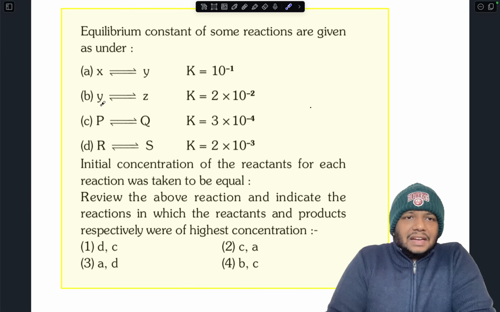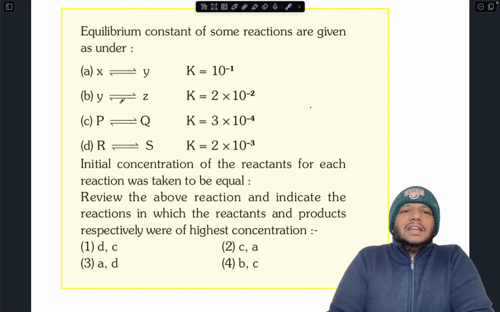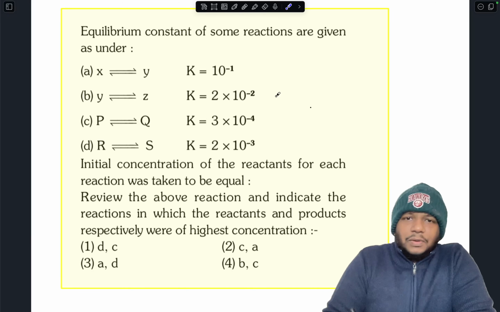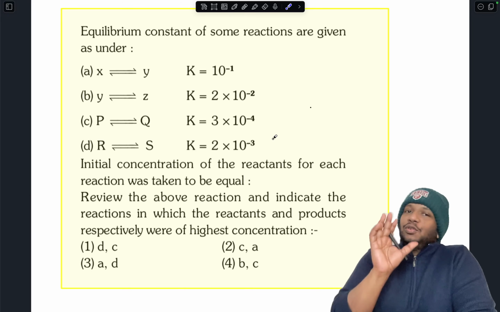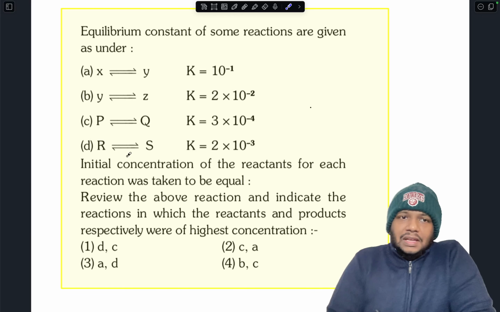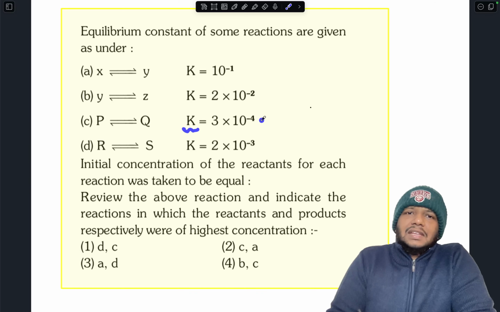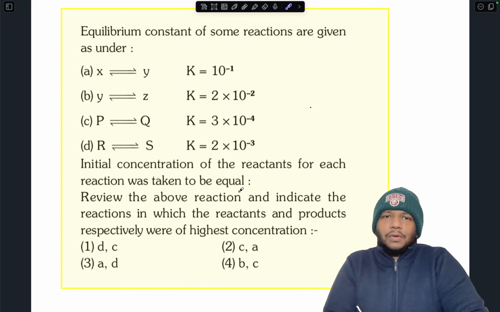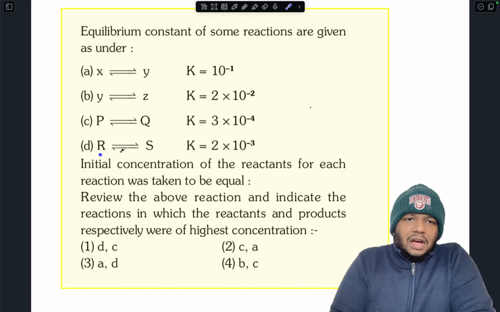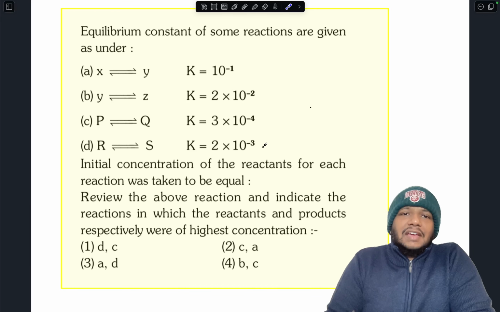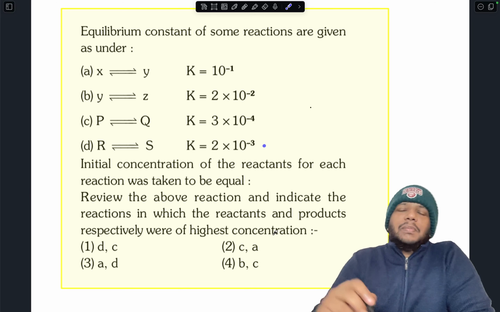There is another reaction where Y is getting converted to Z, a reversible reaction, and for that the K value is given as 2 into 10 power minus 2. The third one, P getting to Q and Q getting to P, has K value 3 into 10 power minus 4, and the next one, R getting converted to S and S getting converted to R, has K value 2 into 10 power minus 3.